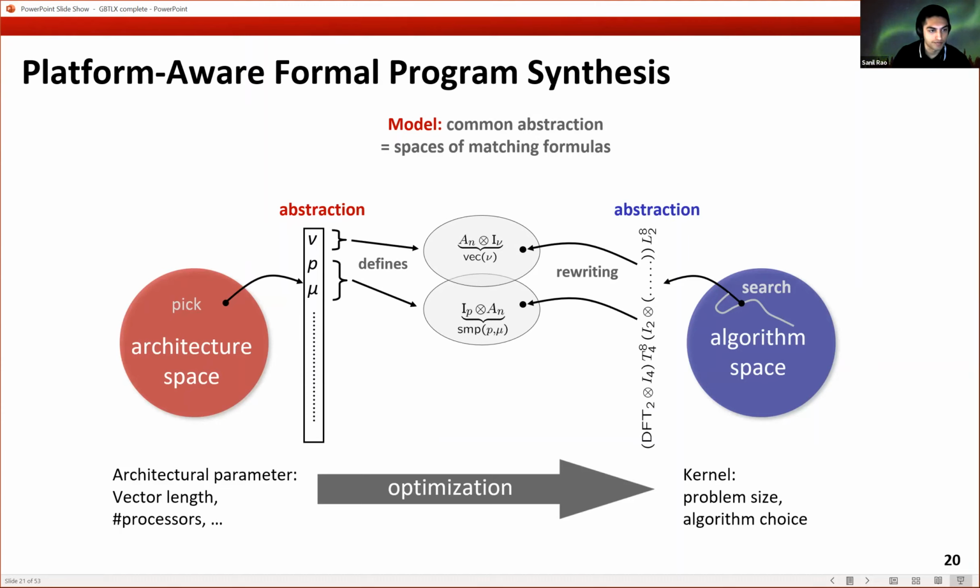So this would include things like I want to use vector instructions from the hardware side, and I want it to be for a matrix of this dimensionality, and Spiral will then choose the appropriate algorithm for that case.